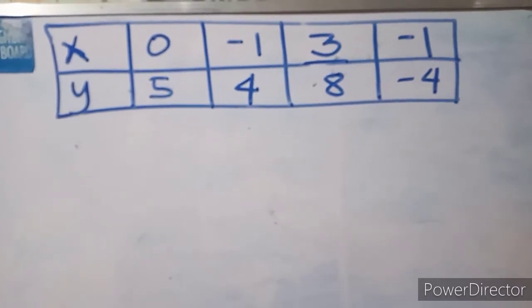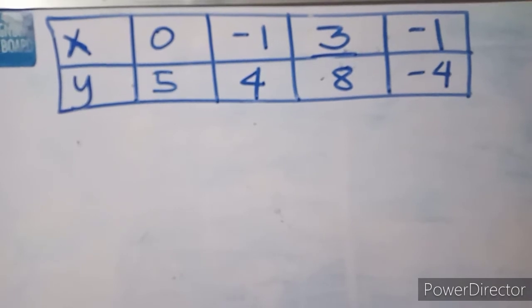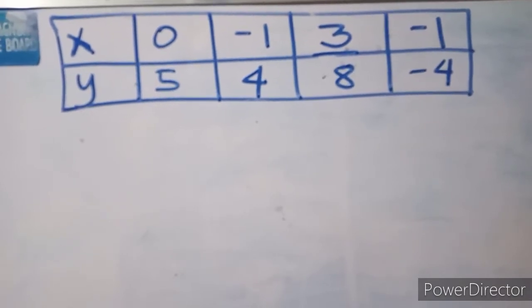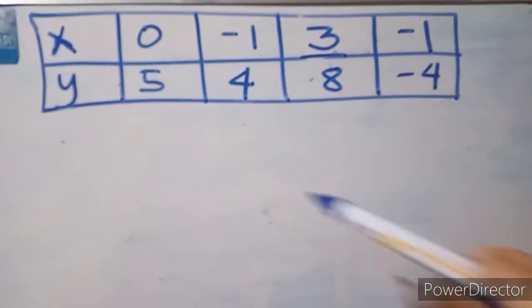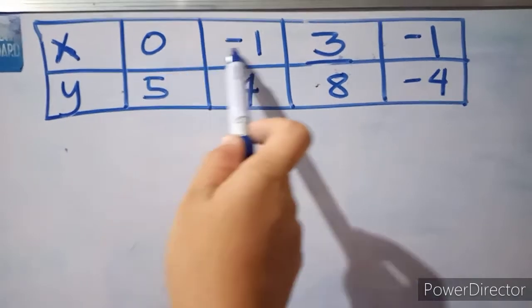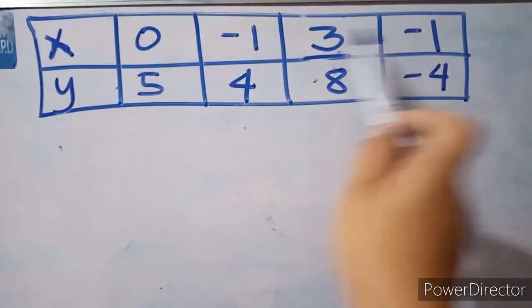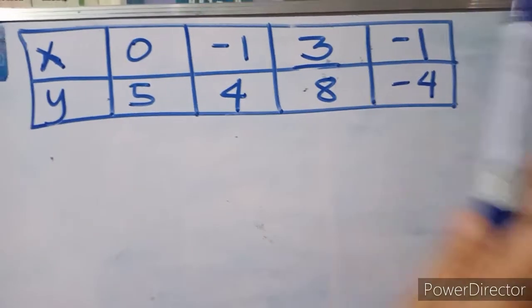Now let's have this example. So how are you going to identify the table of values as a function or not a function? Here we have the x element in a row. We have 0, -1, 3, and -1. And our y is 5, 4, 8, and -4.